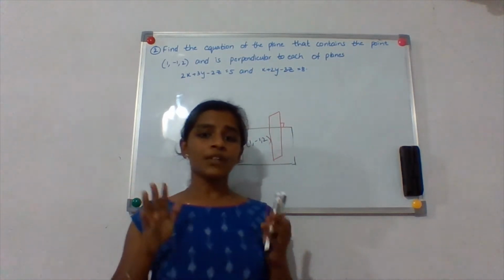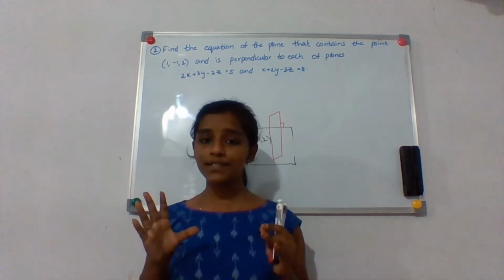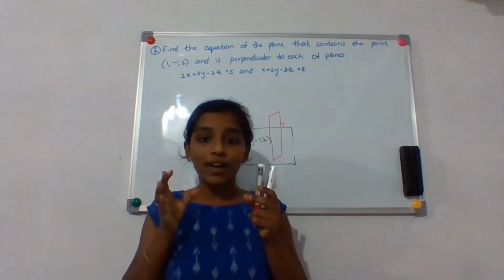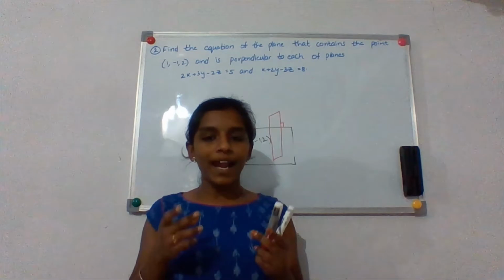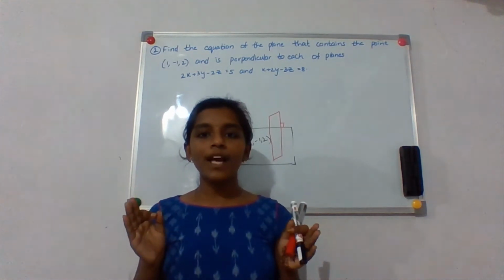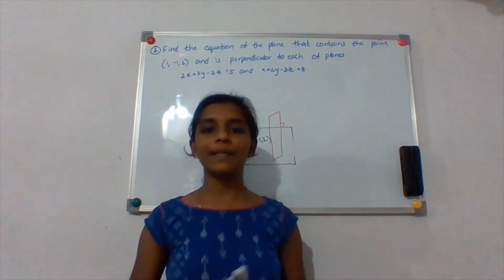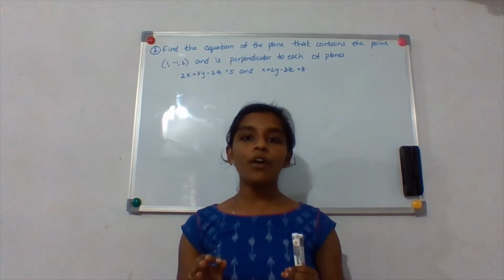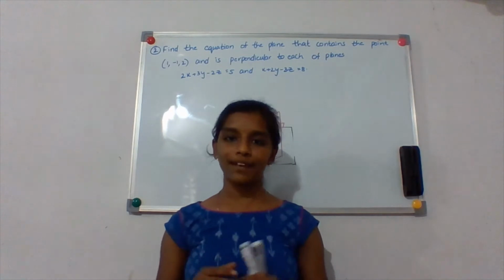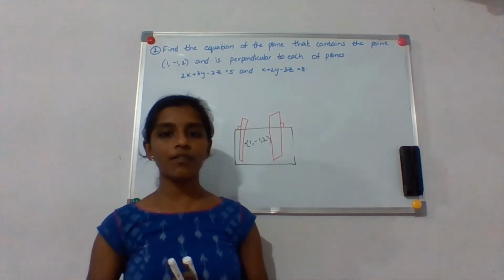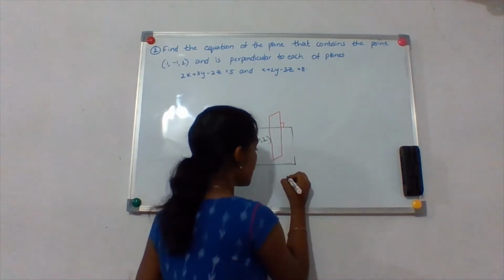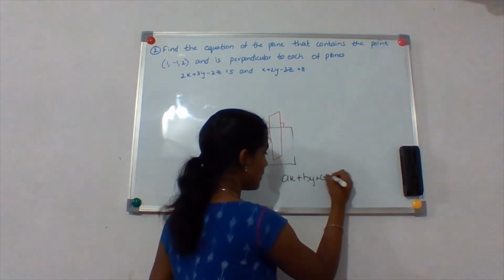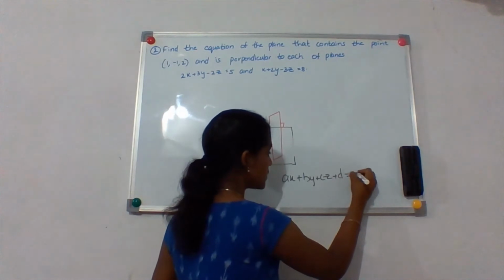To find the equation of the plane, first you must know what the given information is, what is required to find, and then what the unknown terms are that you must find. Generally if they ask you to find the equation of a plane, you already know the general equation of a plane, right? It is ax + by + cz + d = 0.